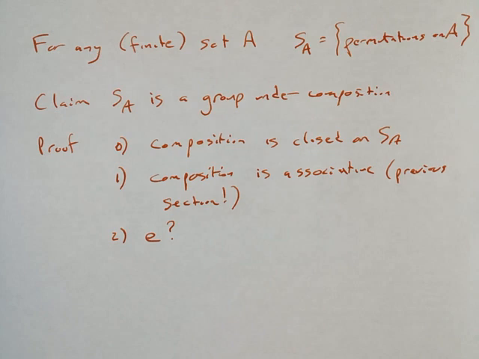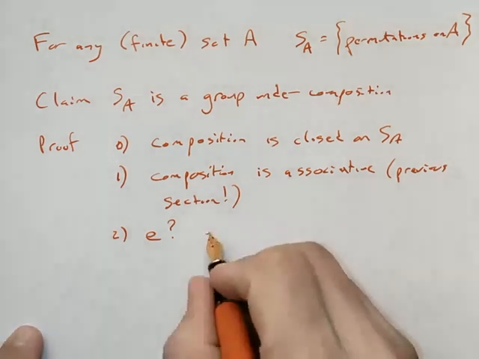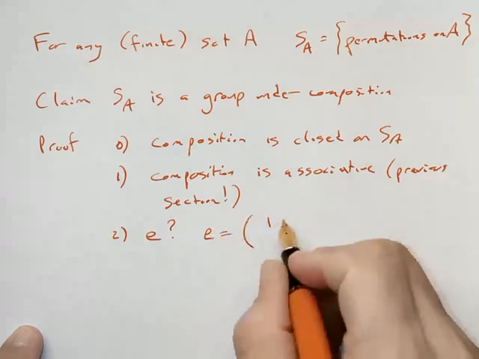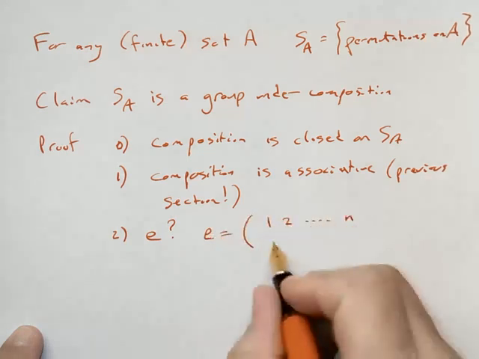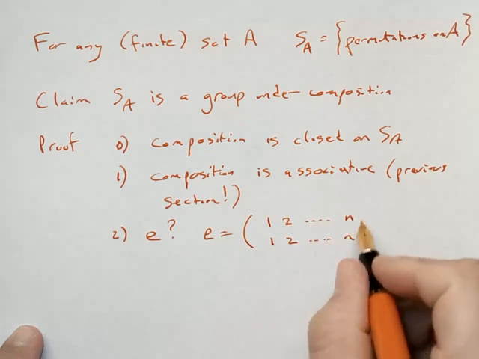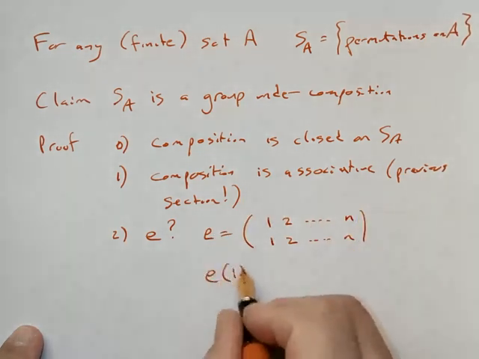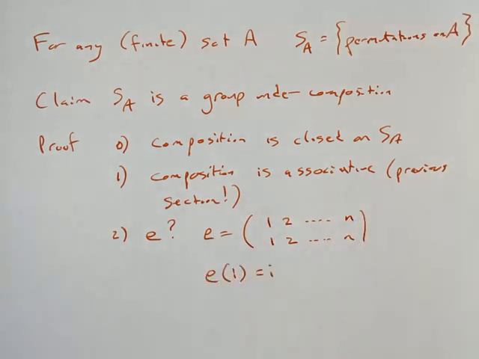This composition is just 1 to 1, 2 to 2. E of i is equal to i.